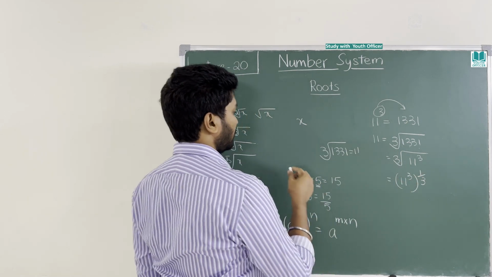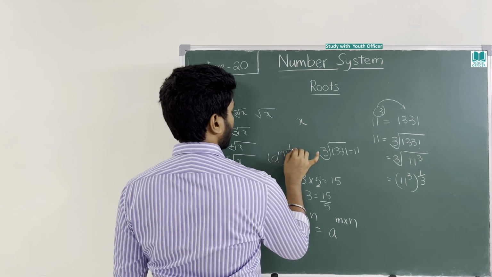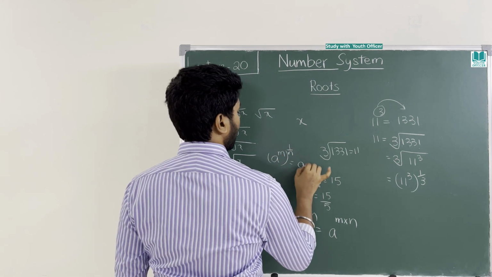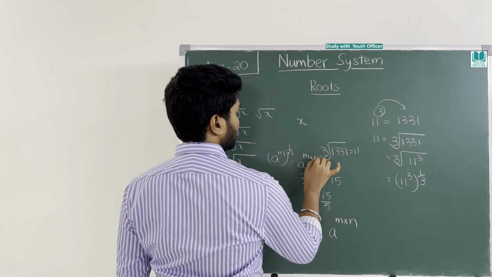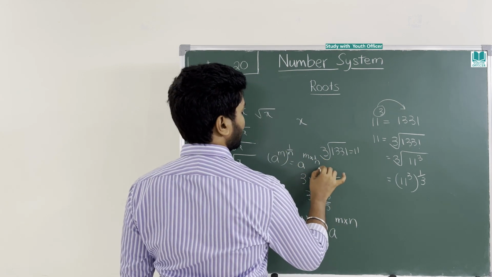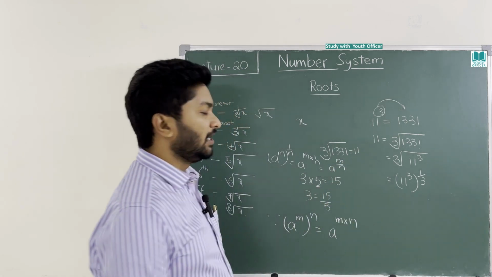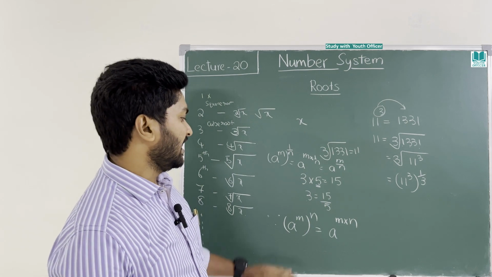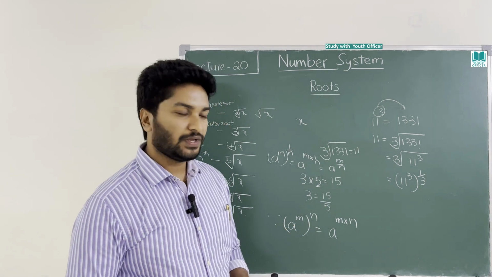Or you can take one more formula like this: a power m whole power 1 by n is equal to a power m into, in the place of n there is 1 by n, that equals a power m by n. You can represent it either way. Anyways, I will explain this in algebra, no need to worry.